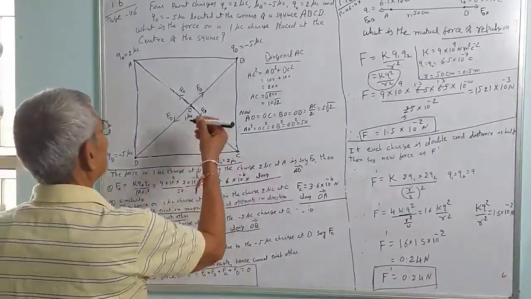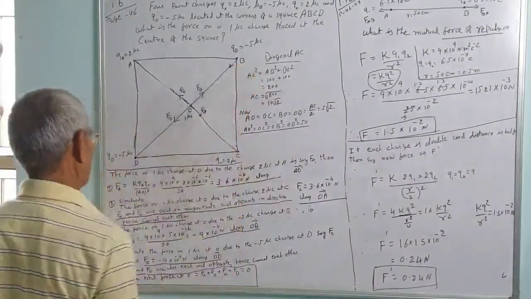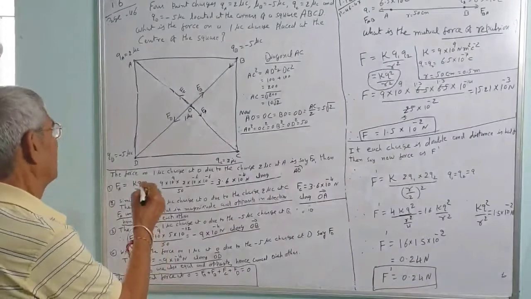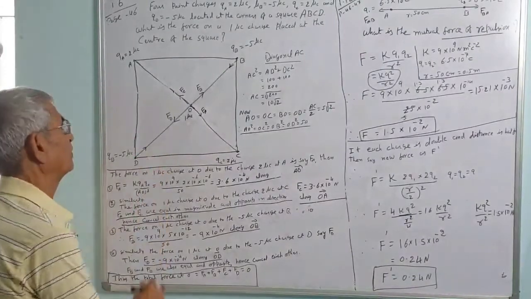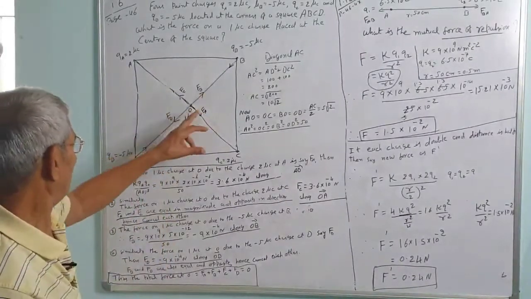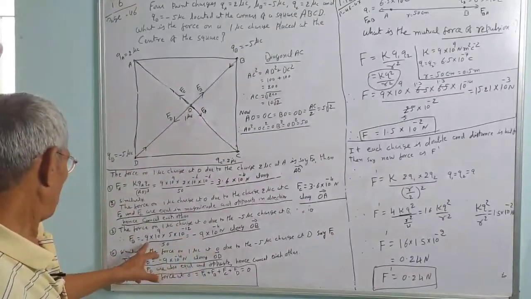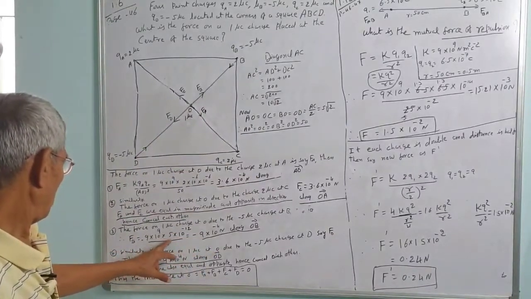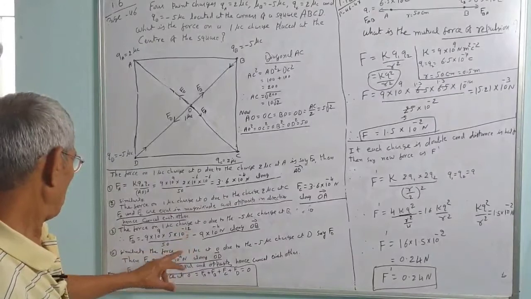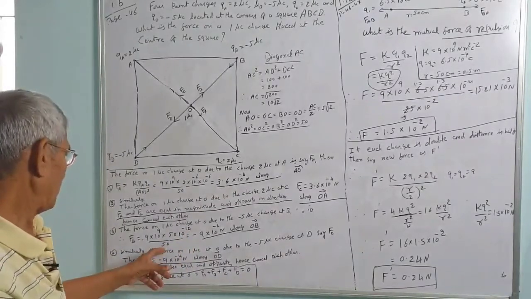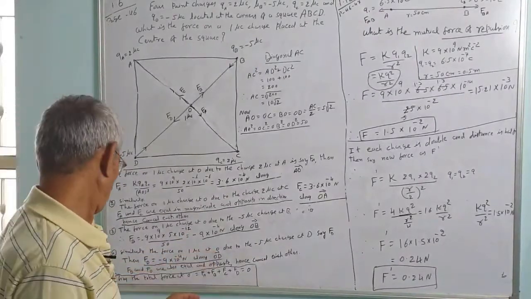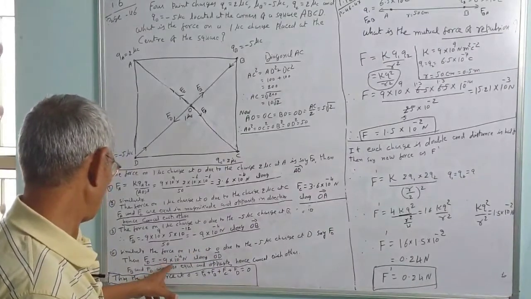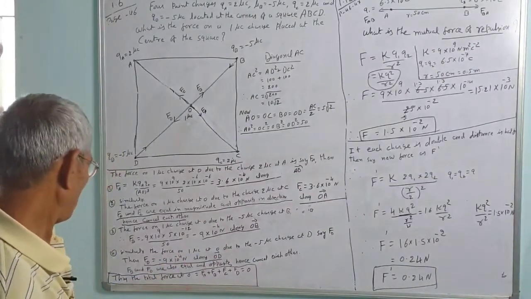FB is equal to 9 into 10 raised to 9 into 5 into 10 raised to minus 12 upon 50, which comes to 9 into 10 raised to minus 4 newton.